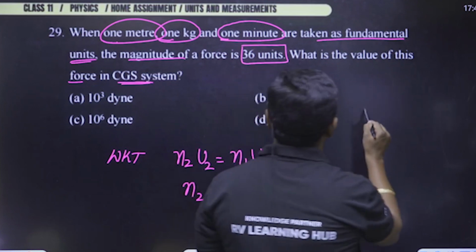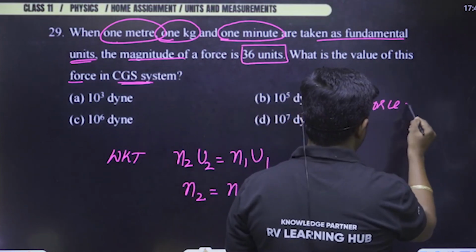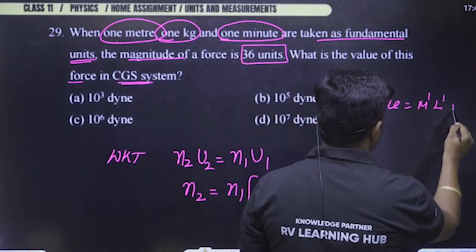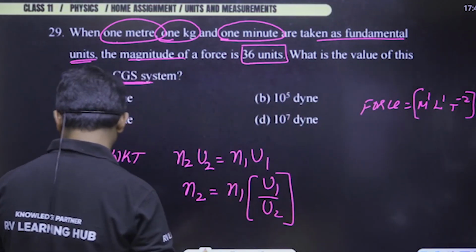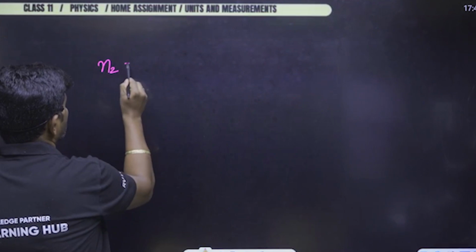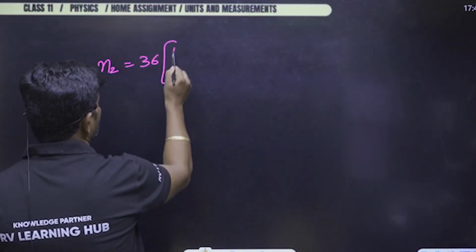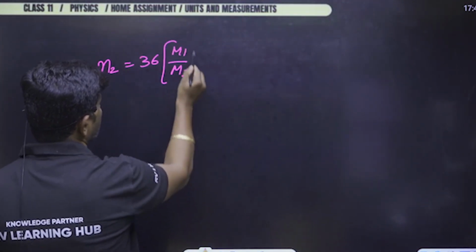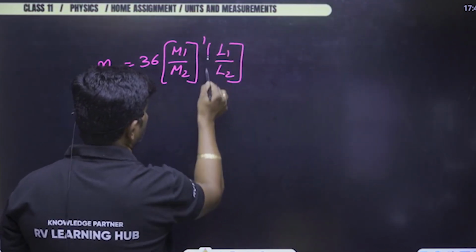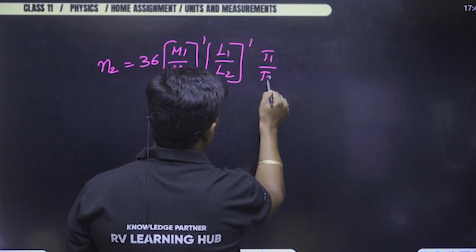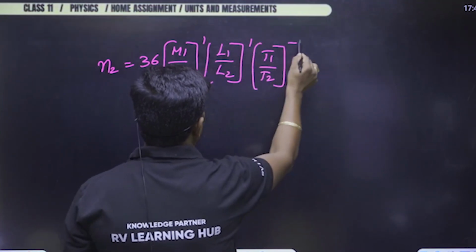Please observe this. What is the force dimensional formula? M power 1, L power 1, T power minus 2. Is it right? Just substitute the values and you'll get the answer. N2 equals 36 into (M1 by M2) to the power of 1, (L1 by L2) to the power of 1, (T1 by T2) to the power of minus 2.